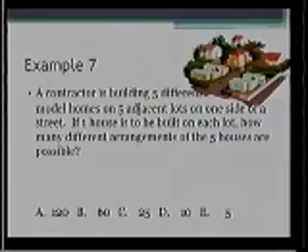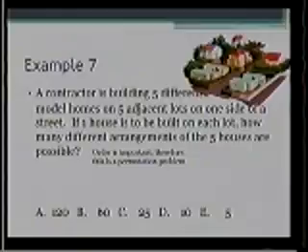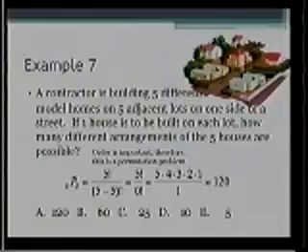So order is important in this problem. Therefore, this is a permutation problem. Now, how many lots are we going to use? There are 5. We're going to use all 5, and we're going to use 5 different model homes. So therefore, it is a permutation of 5, 5.